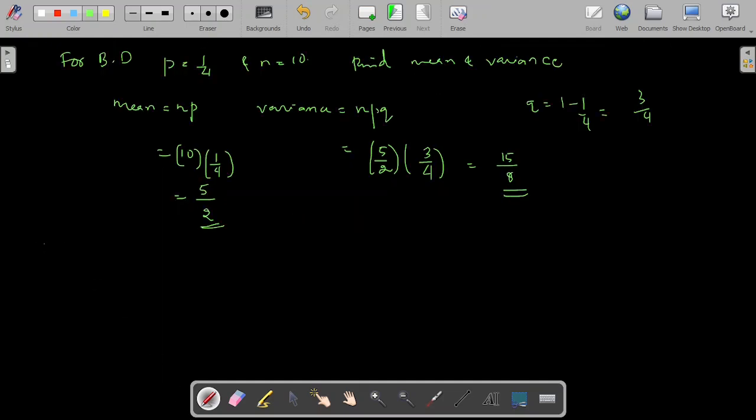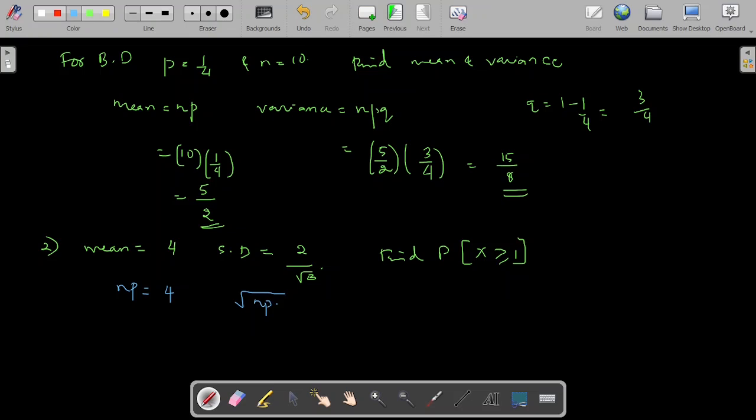Next, one more problem. The mean and standard deviation of a binomial distribution are: mean equal to 4 and standard deviation equal to 2 by root 3. You have to find the probability of X greater than or equal to 1. So what is given here? Mean means np is given as 4. Standard deviation means the square root of npq is given as 2 by root 3.